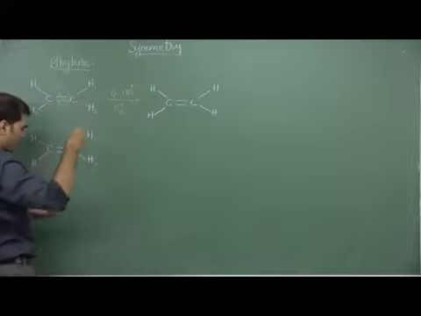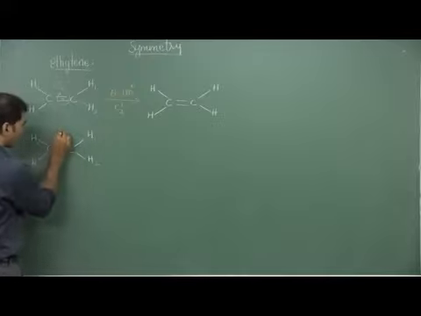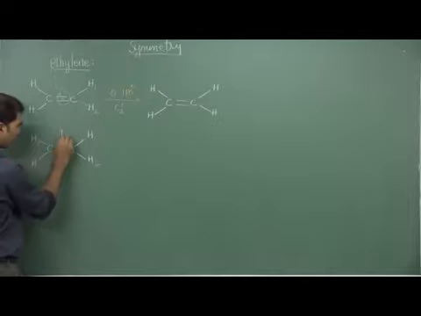So this is the first rotational axis which is pointing towards you. Second one is in the plane of the board between the two carbons.